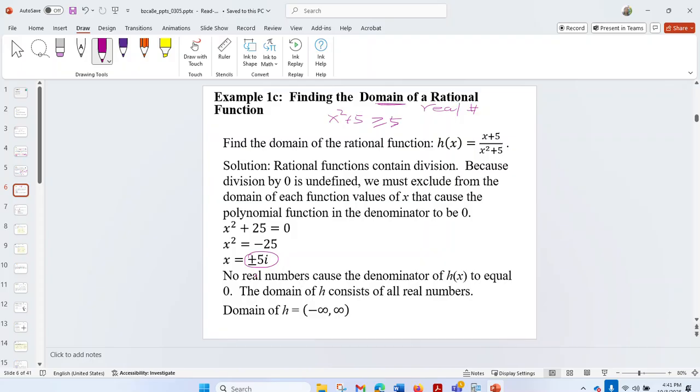We know x squared is always greater than or equal to 0, so x squared plus 25 will always be greater than or equal to 25. That means this denominator never goes to 0, so the domain is all real numbers. That's how you write down all real numbers in here.